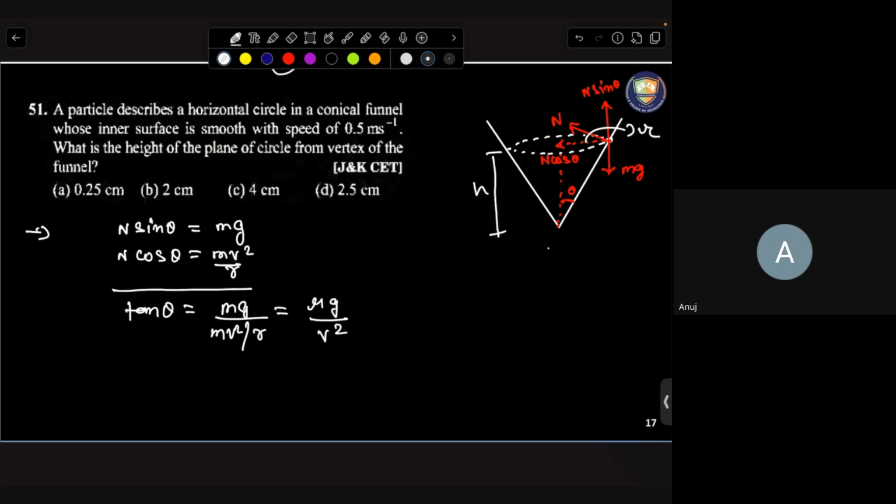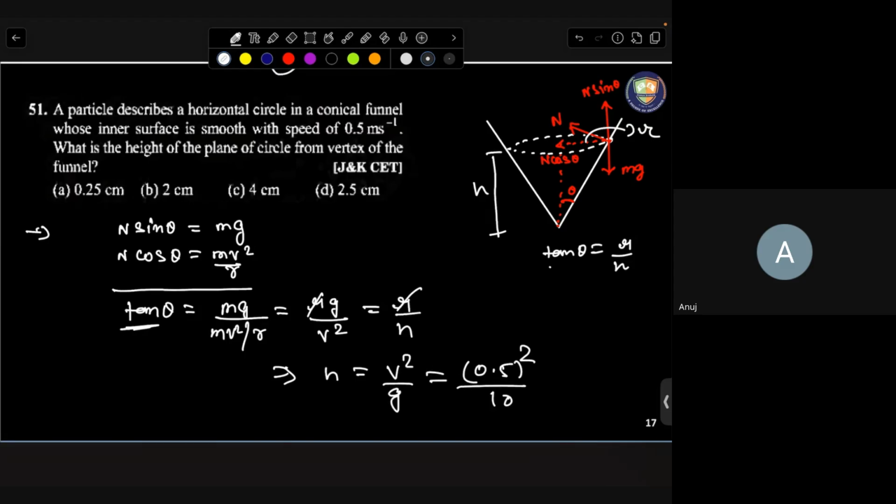Here tan theta is nothing but r by h, correct? And this is also tan theta. You can equate this, r will get cancelled, and h will be equal to v square by g, which is 0.5 whole square by 10, which is 0.025 meter. Multiply this by 100, so 2.5 centimeter is the answer. Correct. Let's see the next one.